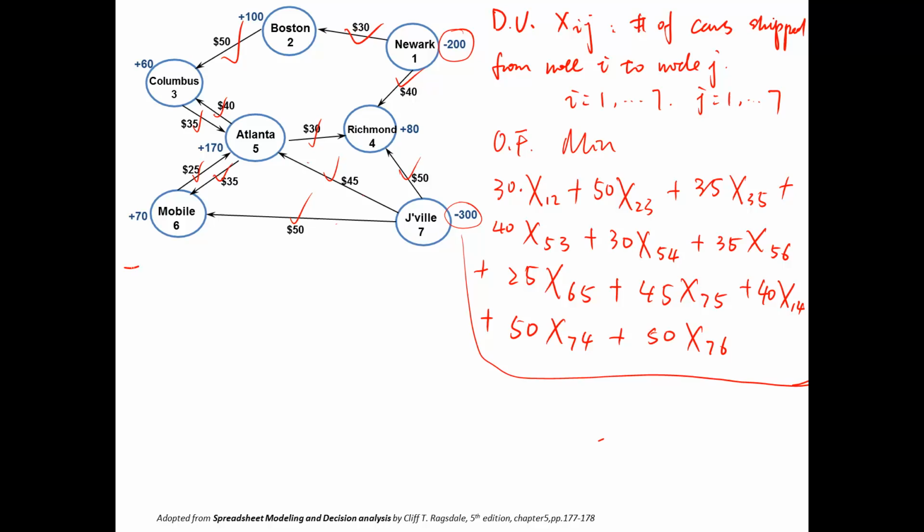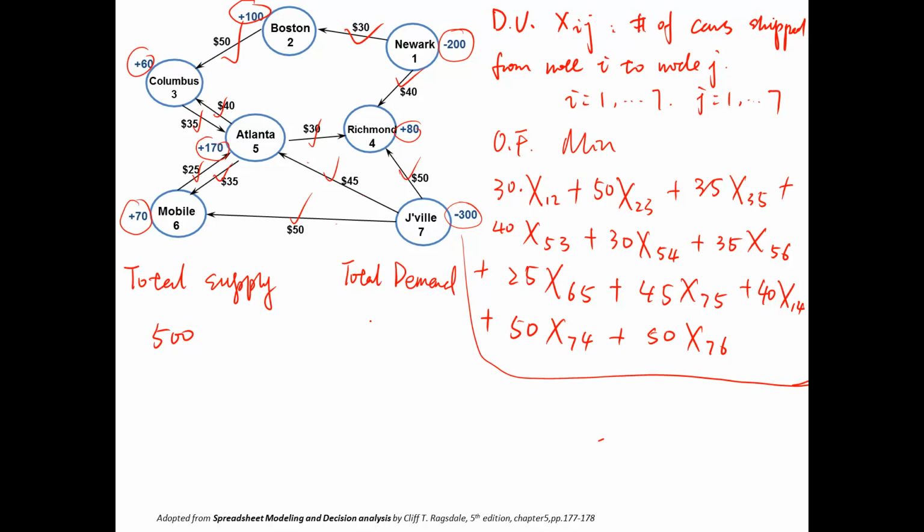So it's 500 and our total demand is what? 100, 160, 230, 300, and 380.